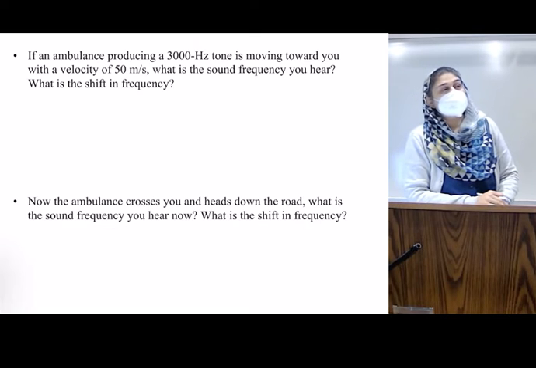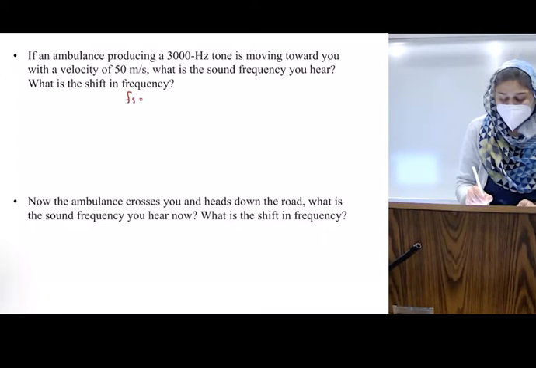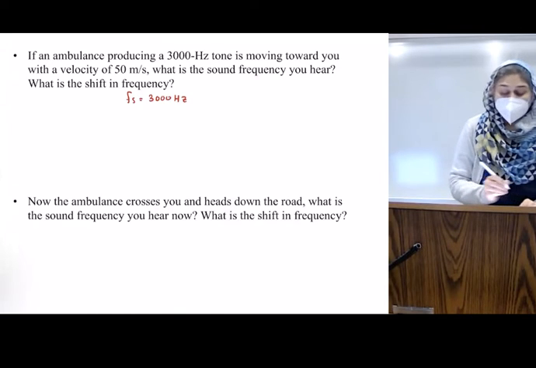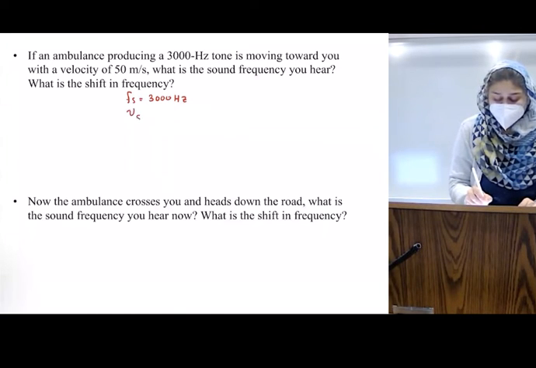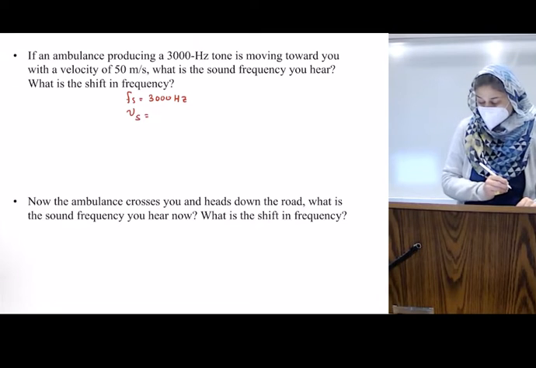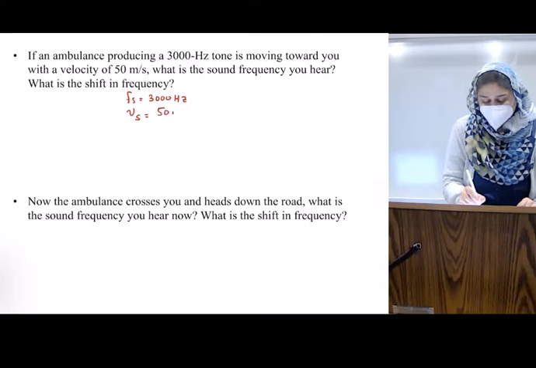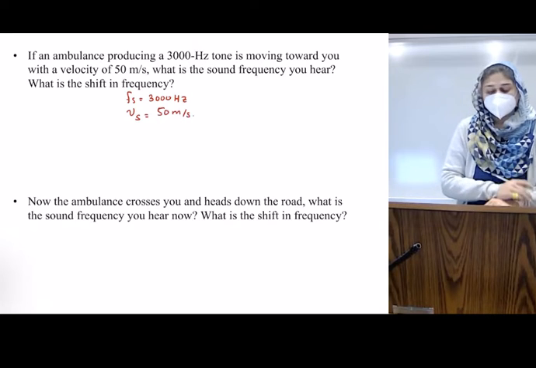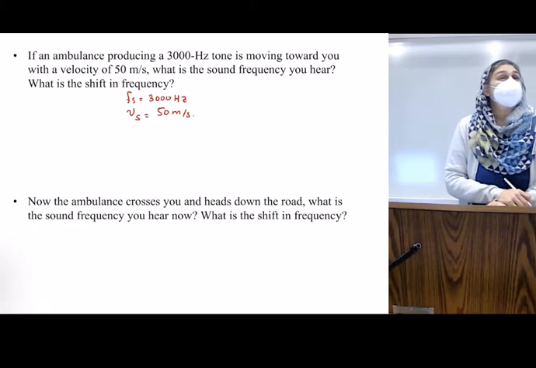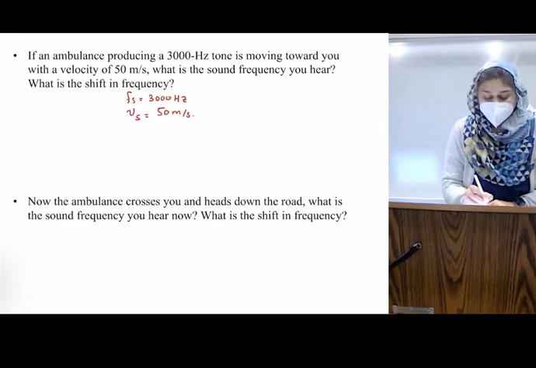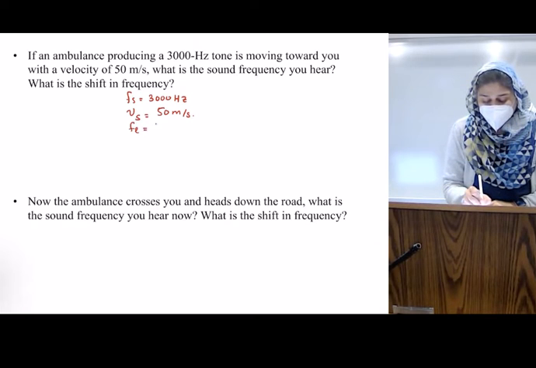So what's the frequency of the source? 3,000 hertz. And what's the speed that it is moving with? 50 meters per second. So what are they asking you to do? Find FL.